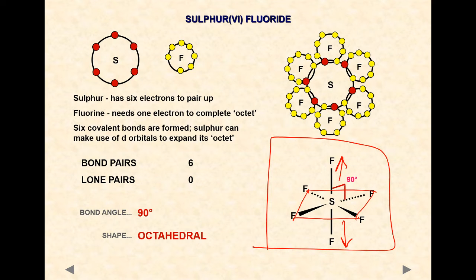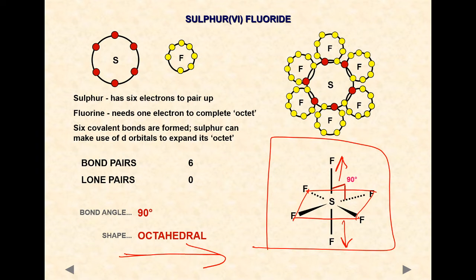So same applies here. 4 fluorides will be in the same plane. Then one fluoride will be going up and one fluoride will be going down. So 4 fluorides in the same plane, one going up and one coming down to give you what you normally refer to as an octahedral. And the bond angle in the octahedral is 90 degrees.